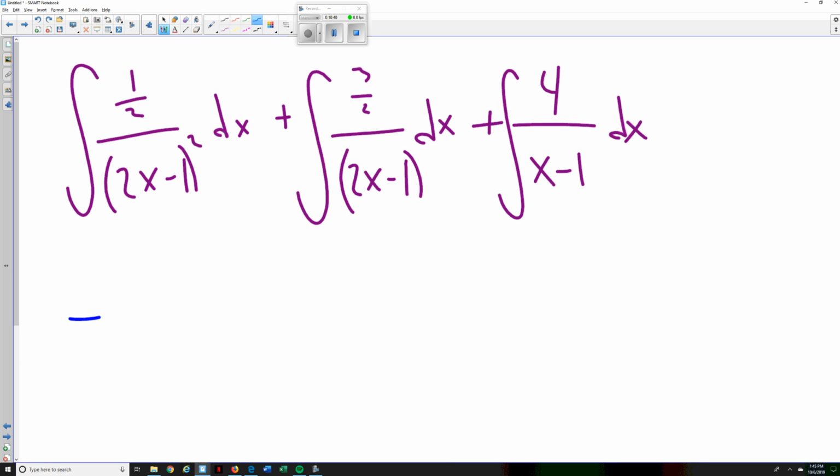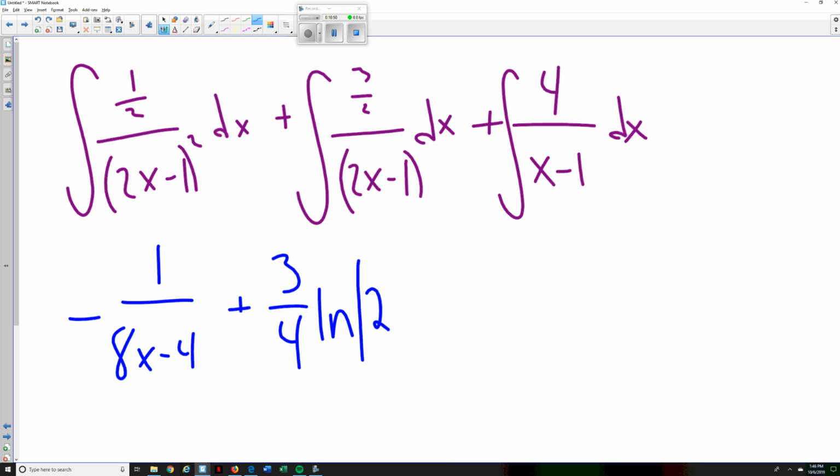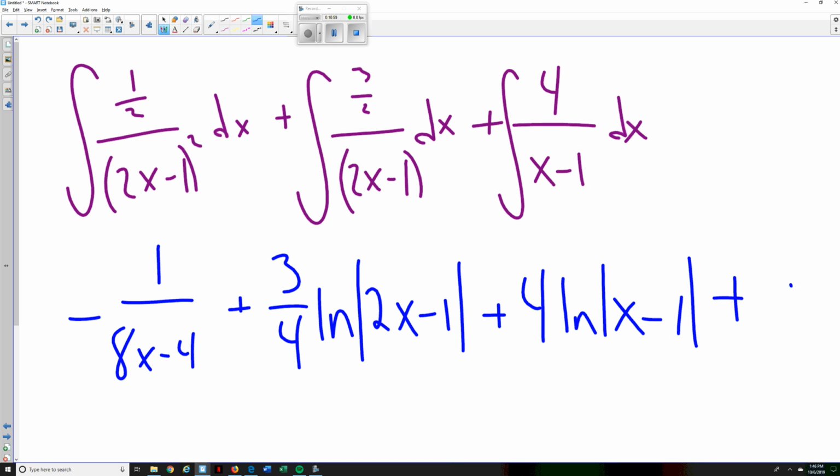So we get negative 1/(8(2x minus 1)) plus 3/4 times the natural log of 2x minus 1 plus 4 times the natural log of x minus 1 plus a constant.